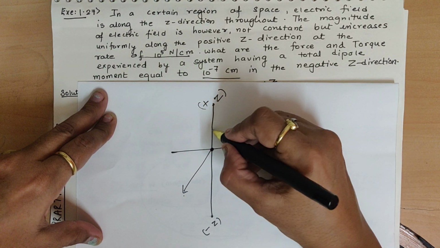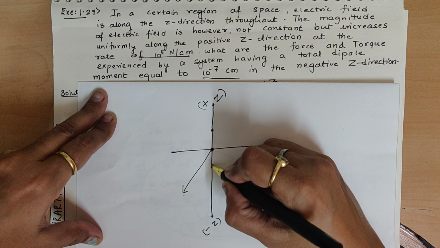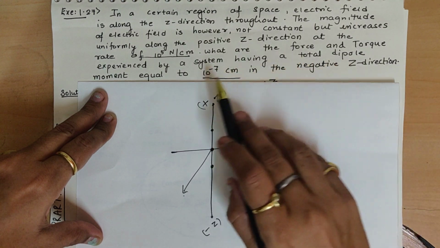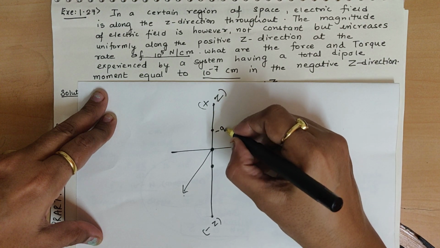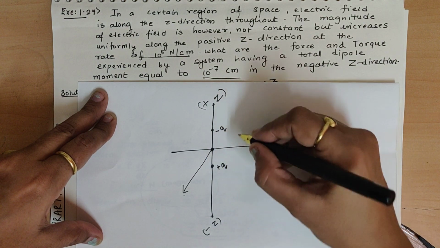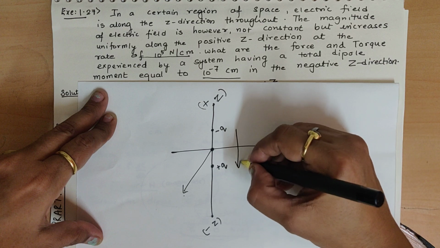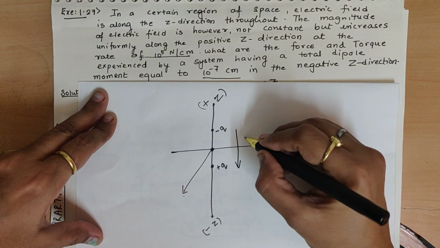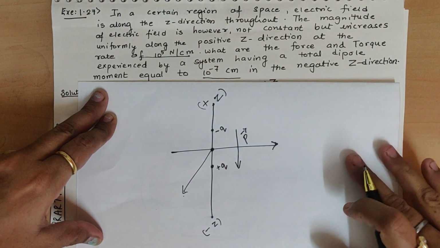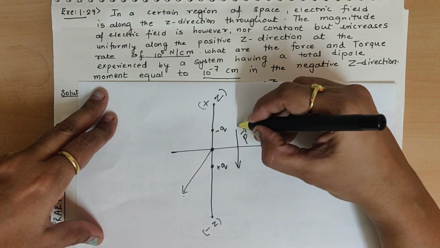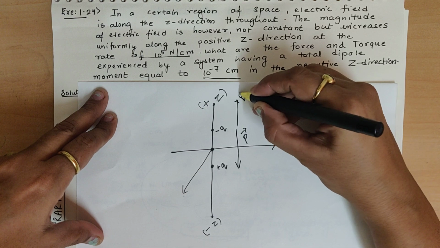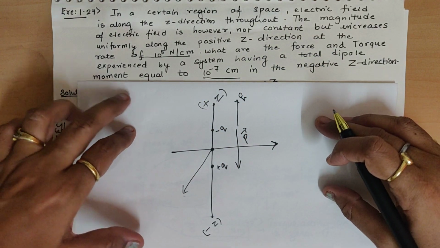And suppose a dipole is placed, dipole moment is given in the negative z direction. So this is minus q and this must be plus q, and you know that dipole always moves from negative to positive. So this would be the direction of the dipole, which is in the negative z direction, and electric field given is in the positive z direction.